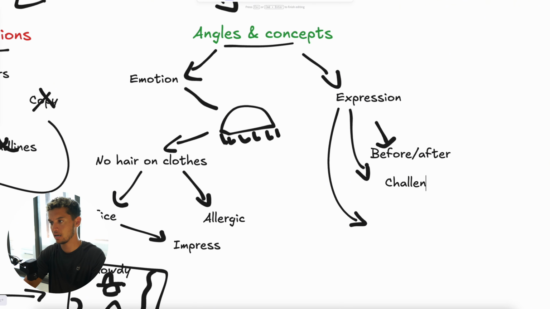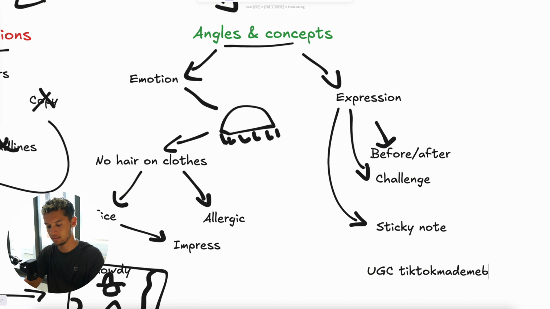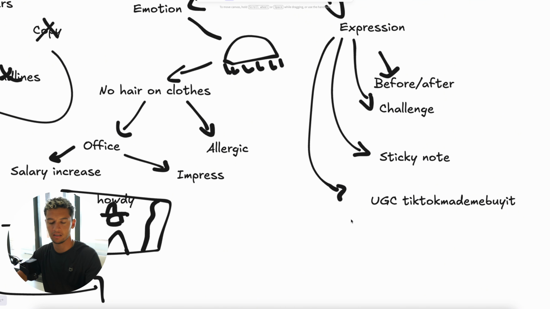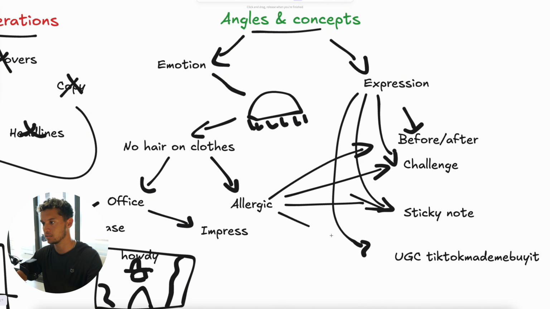Let's do a challenge ad, and then let's do a sticky note ad. We can do a standard UGC TikTok made me buy it ad. We can have an unboxing ad, whatever. And then these emotions can all go to these concepts.